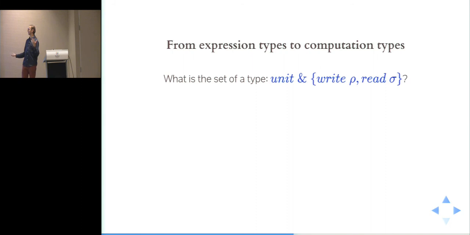Again, this is where the idea with sets doesn't really work, because what kind of set is this type unit which also modifies or accesses some memory regions? And so you can come up with models, like you can say, well, actually, my types are functions from world to world with the result, but then it's becoming really, really complicated, and you're losing this nice intuition.